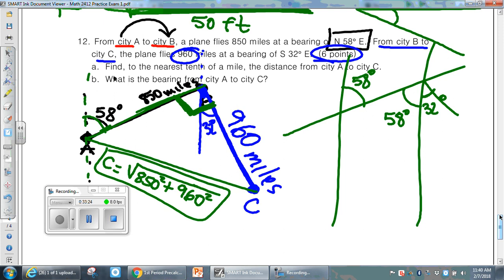Now, what is the bearing from city A to city C? Very interesting. Let's find where we're going from A to C, because the answer will be different if it was from C to A. So again, from here to here.